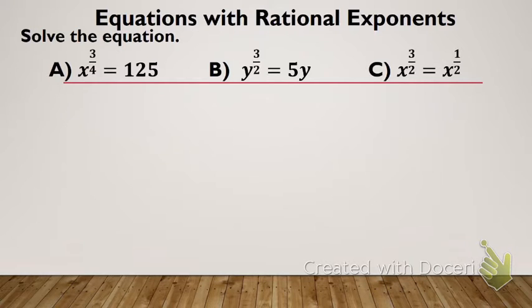I remember that this notation right here means the same thing as x to the third power and then taken to the fourth root. It also could be written as x to the 1/4 whole thing cubed.